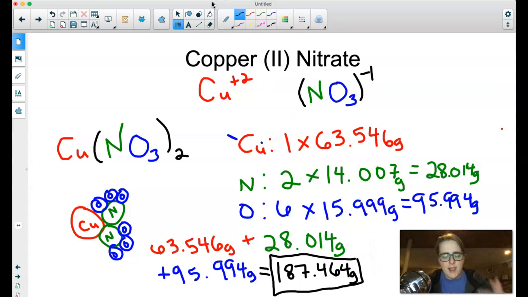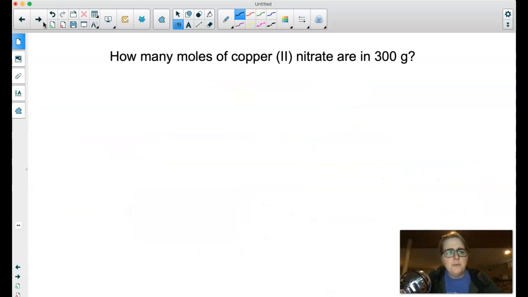So that means whenever I have 1 mole of copper 2 nitrate, if I were to put that on a balance or a scale, that scale would read 187.464 grams. Now, a lot of the problems you're going to do are going to read something like this. How many moles of copper 2 nitrate are in 300 grams?